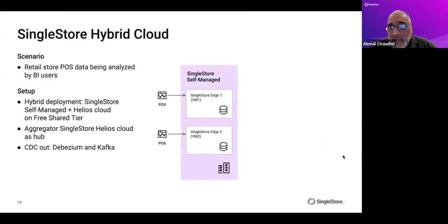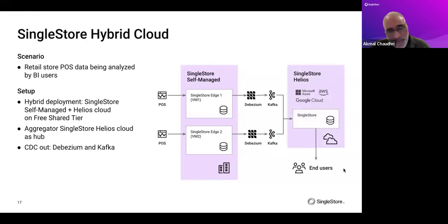Another possibility is to run something in some kind of hybrid mode, like here, for example. So part of this architecture you can see is actually running on-prem, and part of it is running in the cloud. And there is this kind of CDC and Kafka being used here as a means to be able to replicate data from one to the other. And so that could be a useful way to build your system.